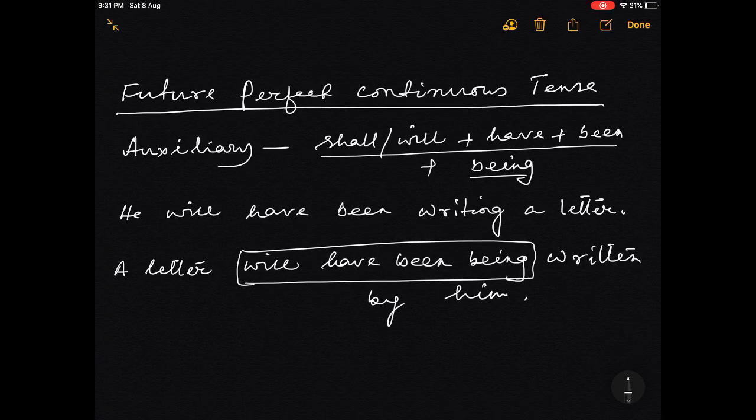So up to this you learned the syntax of the passive verb with the help of the syntax of the active verb, the different aspects of different tenses.